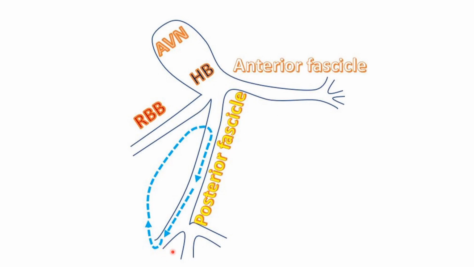These are the ramifications of the posterior fascicle. So a reentrant tachycardia originating like this in the region of the posterior fascicle is what we have discussed in the ECG, posterior fascicular tachycardia, which is an ablatable tachycardia. It is also an idiopathic variety of ventricular tachycardia.